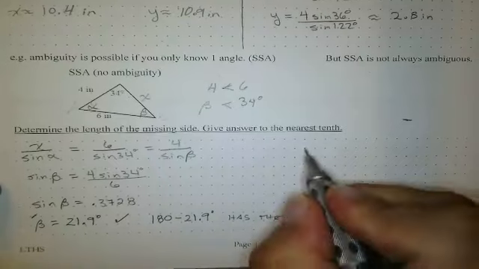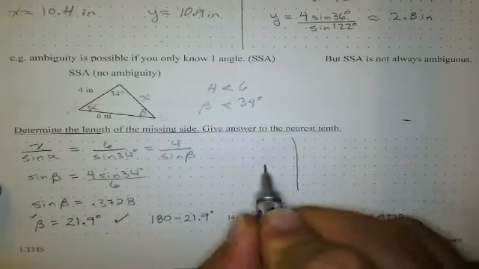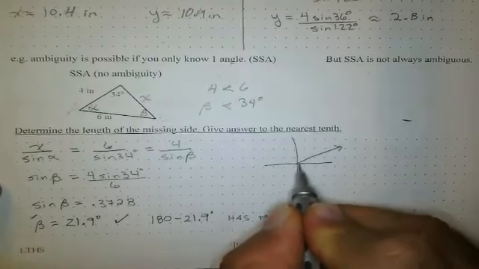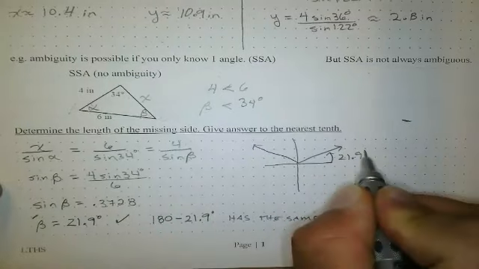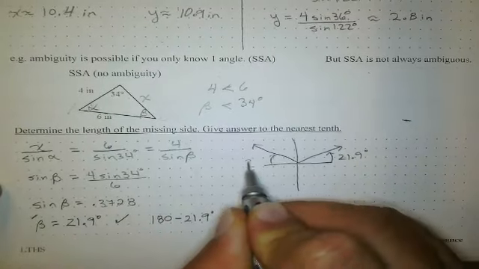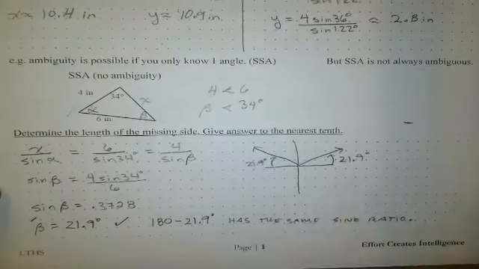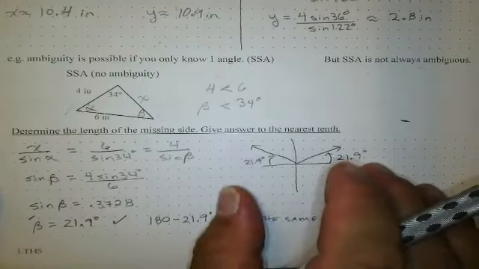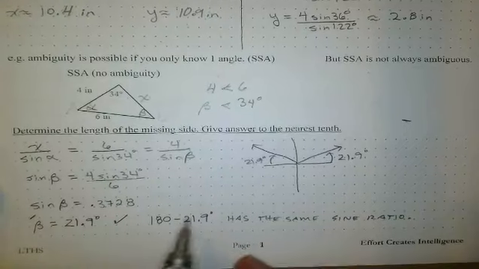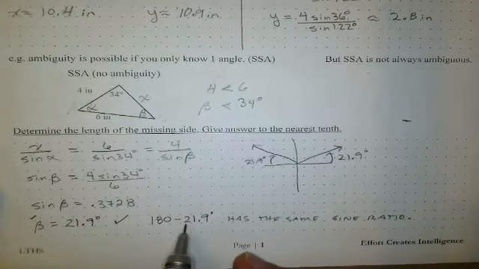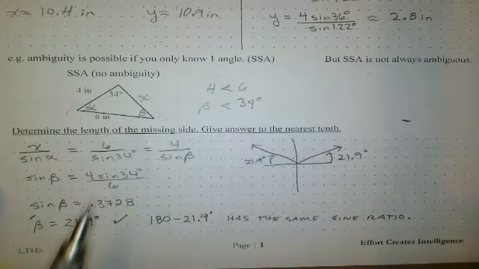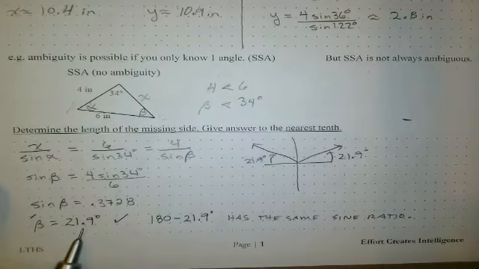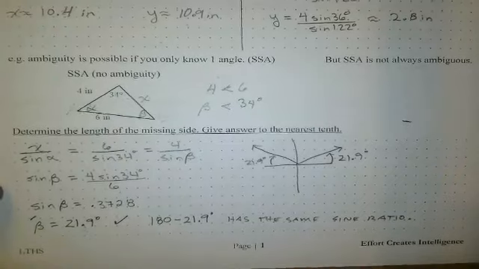Because recall from all the work that we've been doing that if I have an angle over here that's 21.9 degrees, and another angle that's 21.9 degrees less than 180, I'm going to end up at the same height. Now, this obtuse angle would not work in this situation. We know this angle has to be less than 34, so we know the answer has to be 21.9 for beta.